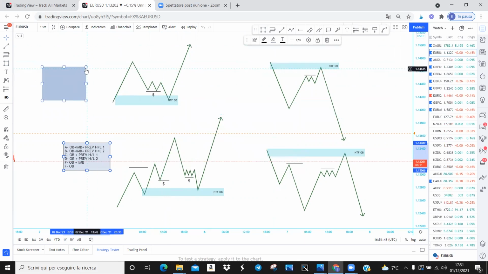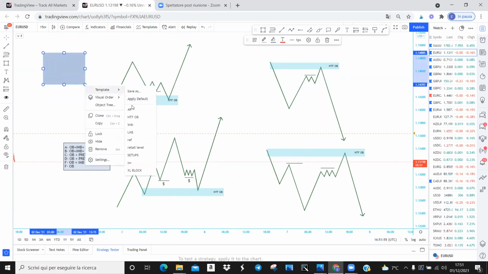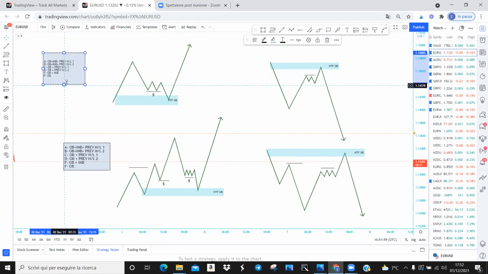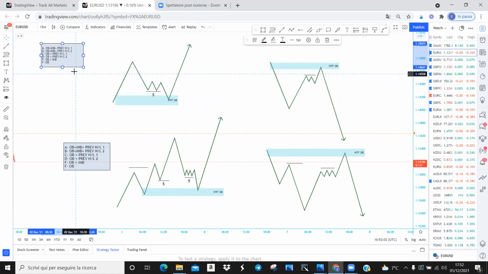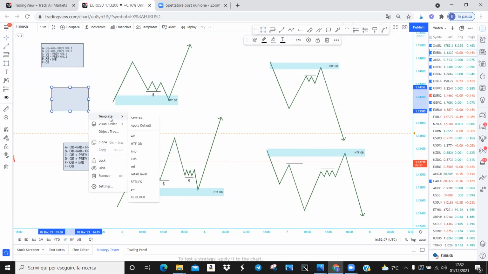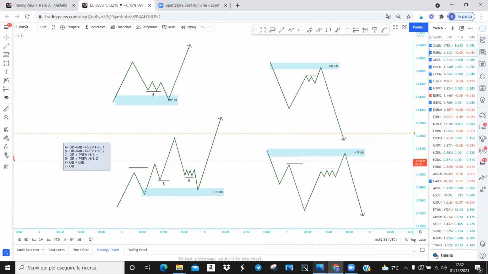So the next time, when you open your chart, you can just draw a box, right click, template, where is it? Setups, and there we go, and you have it, okay? And you just keep it on chart to have it with you. And of course you can delete it, but it's really quick to do. So you always have it under your eyes.